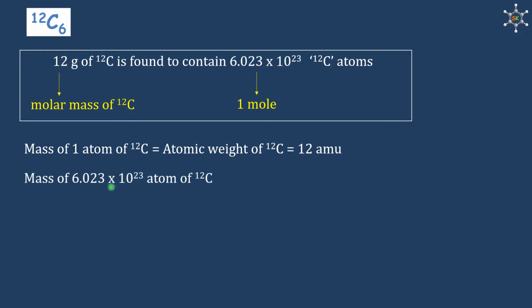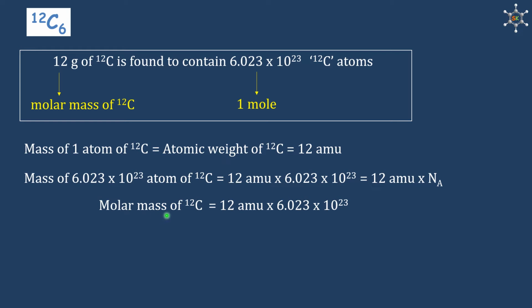So, the mass of 6.023 × 10^23 atoms of carbon-12 must be equal to 12 AMU multiplied by Avogadro's number, that is 12 AMU × N_A. The mass of 6.023 × 10^23 atoms of carbon-12 is nothing but the molar mass of carbon-12. And from this equation we understood that the molar mass of carbon-12 is nothing but 12 gram.